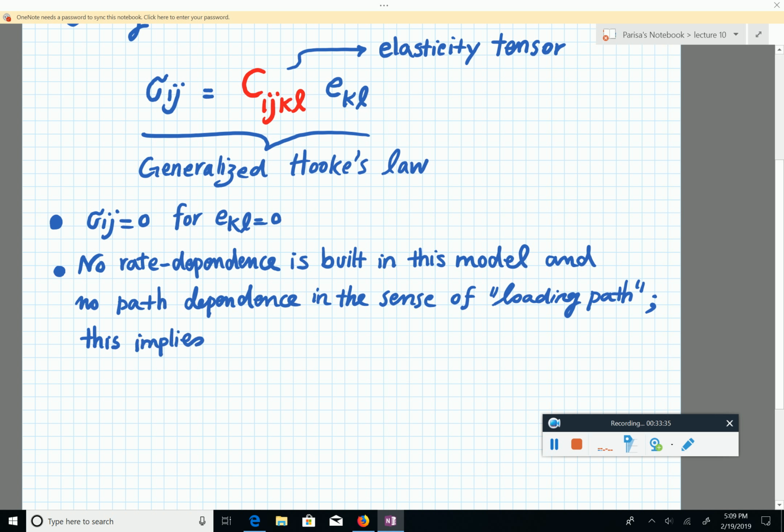Since there is no path dependence, we can write the stress as the derivative of a potential function. This you are familiar with. We can always do that, right?